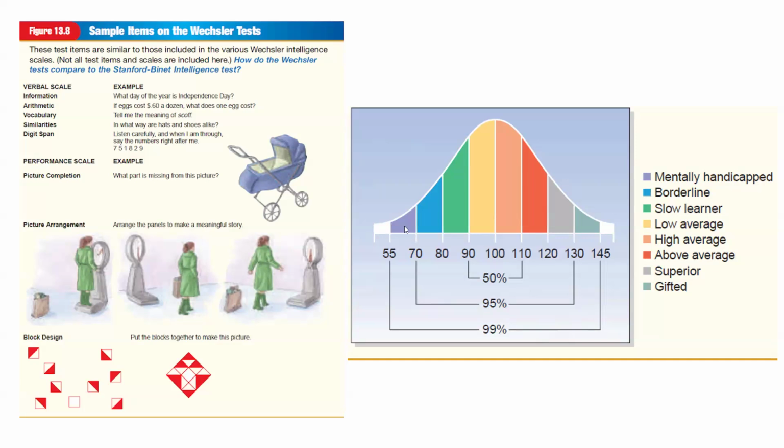These people are borderline people. See, the green ones are the slow learners. The yellow ones are low average ones, and the somewhat orange side is high average, and dark orange is above the average. This means superior, and we say this part is the gifted child.